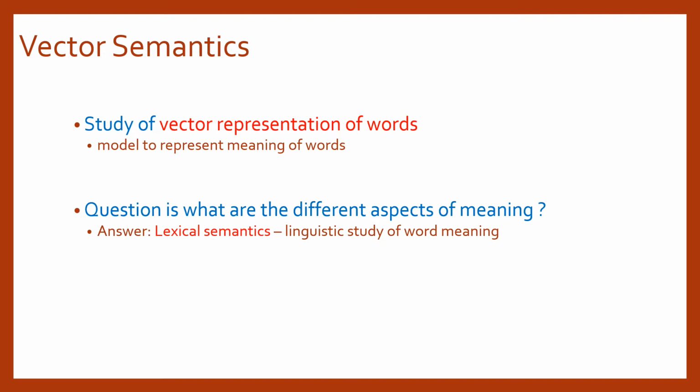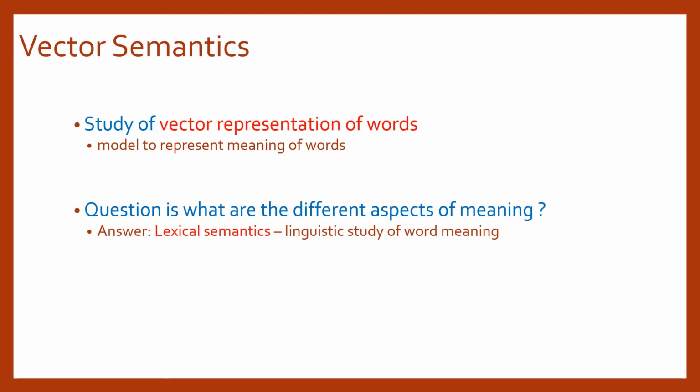So, in fact, lexical semantics is the field which actually does that. And for us, it's important to study because unless we understand these various aspects of meaning of words, we will not be able to evaluate the different models.